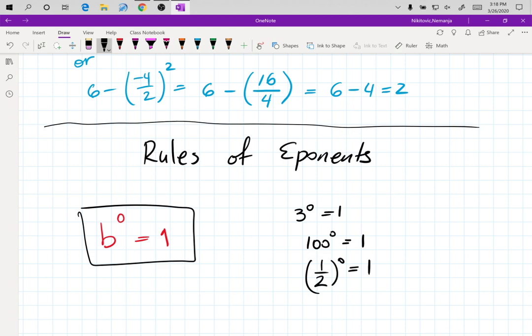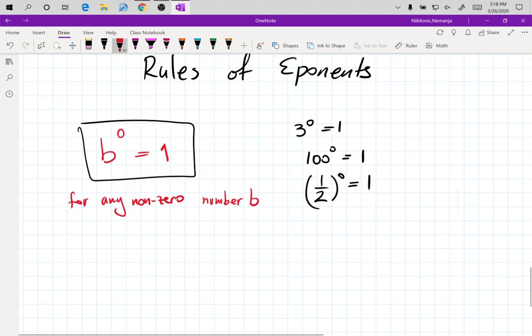So any non-zero real number b raised to 0 gives 1. So whatever you plug in, it is going to give you that.